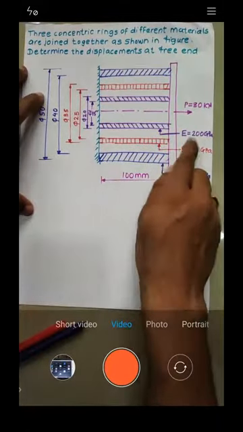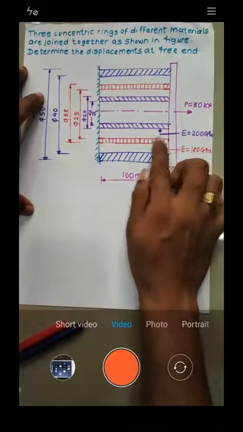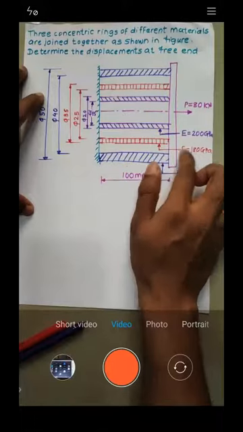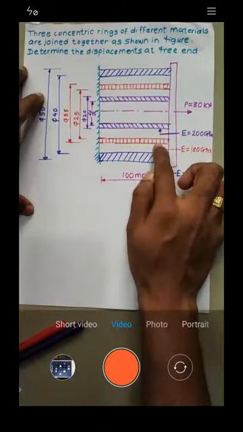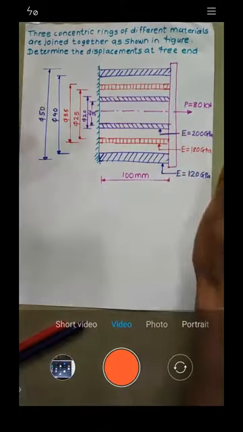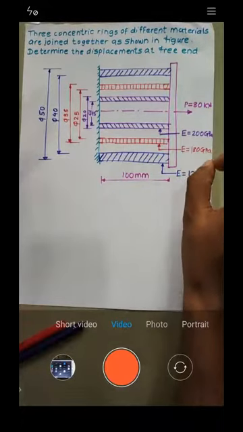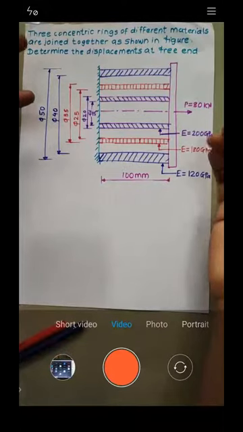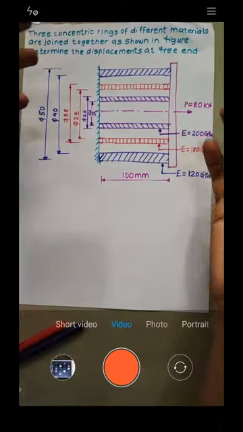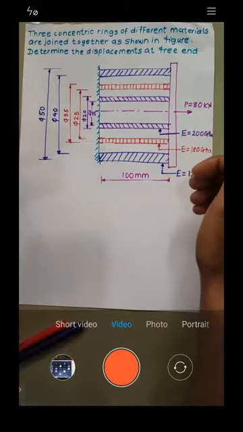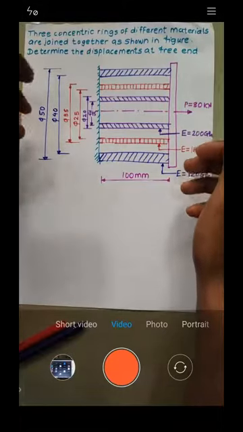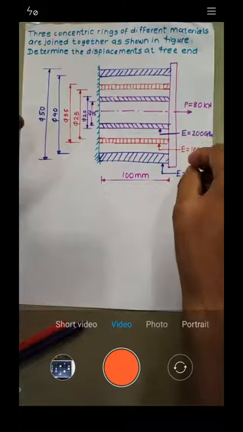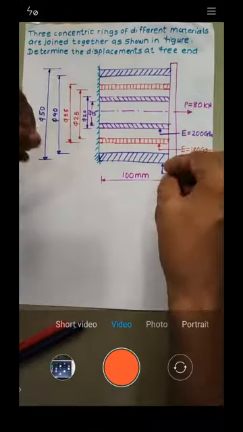So based on change in cross section, we have 3 elements. Similarly, each ring is of a different material. For each ring, we have a different value of E. So based on the change in material, we again have 3 elements, and these are the same elements we got from the change in cross section.